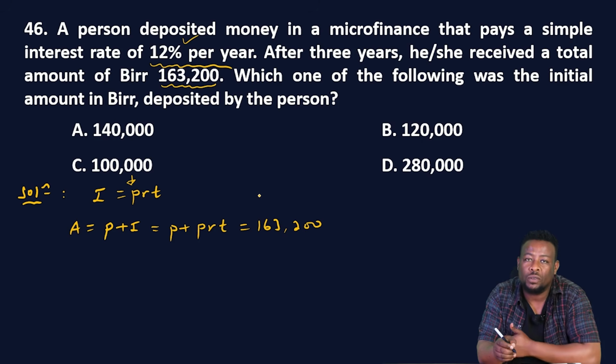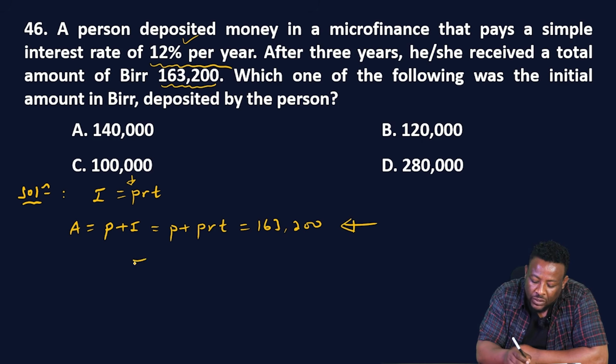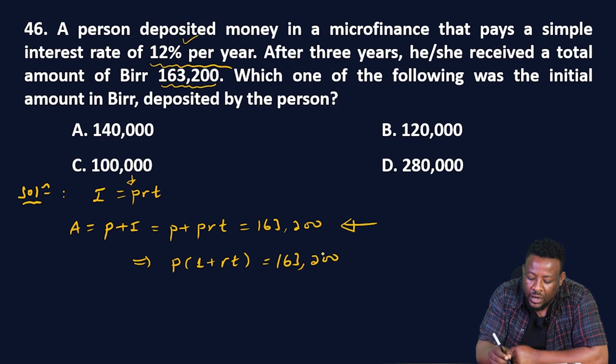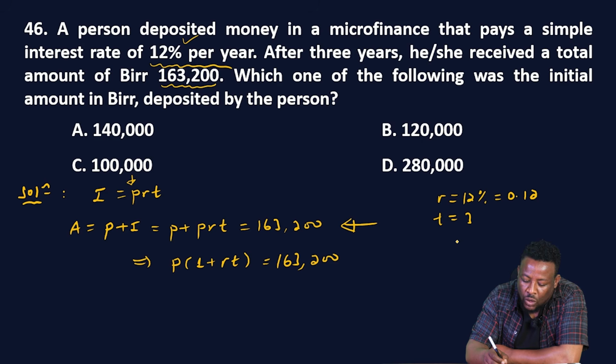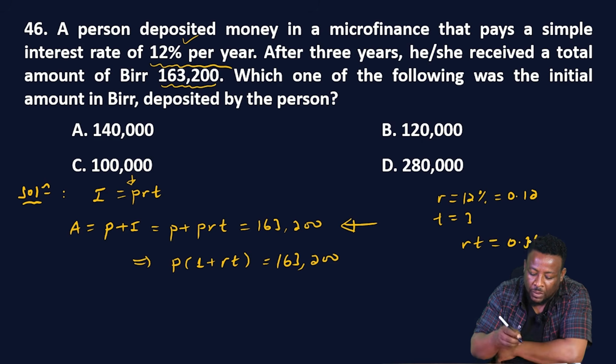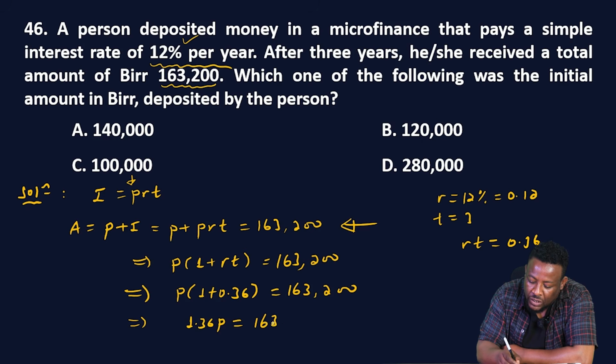Originally ያስቀመጠው የP value or amount of money ምን ያህል ነው የሚለውን ነገር ከዚች ኢኩዌሽን እናገኛለን ማለት ነው። ሶ factor out P ስናደርግ ውስጥ ምን ይቀራል? 1 plus r times t ይሆናል። This must be 163,200። እንግዲህ r ሬቱ 12% ነው ተብሎ ተሰጥቶናል። That means 0.12 እናስገባለን በr ቦታ t ደግሞ 3 years ነው ተብሎ ተሰጥቶናል so r times t 0.36 ይሆናል ማለት ነው so እዚች ጋር እንመጣና P times 1 plus 0.36 ይሆናል this is 163,200 okay so ይሄ ምን ይሆናል ማለት ነው 1.36 times P is equal to 163,200.